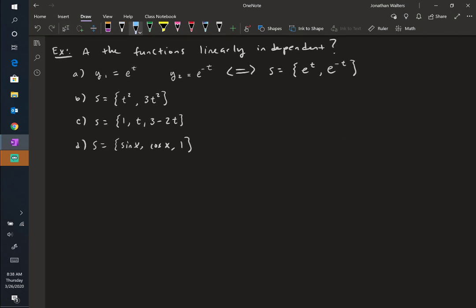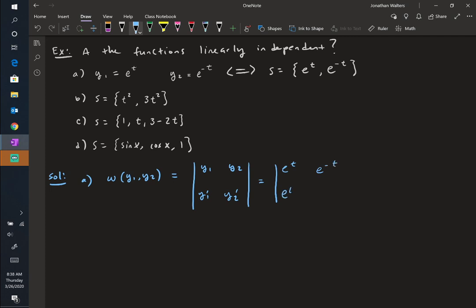So solution, part A, calculate the Wronskian of y1 comma y2. So that's going to be y1, y2, y1 prime, y2 prime, since I only have two functions. That's going to be the determinant, e to the t, e to the negative t, and then take the derivative.